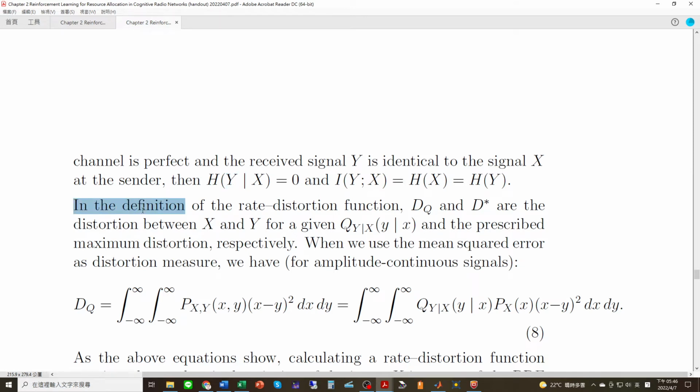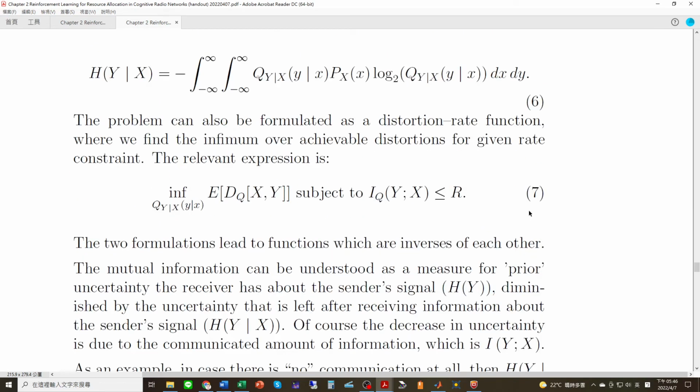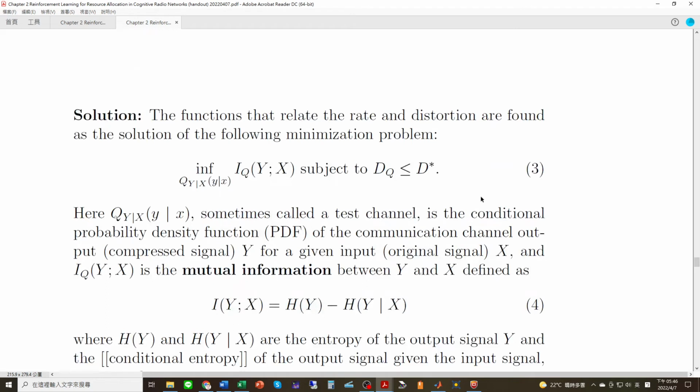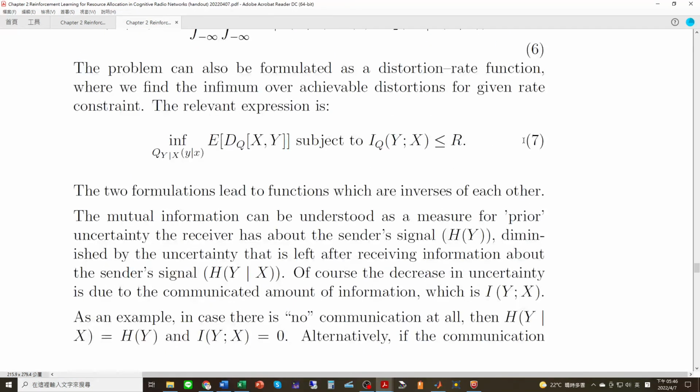In the definition of the rate distortion function, dq and d star, let us go back to see where dq and d star are. In equation 3, dq is here and d star is here. And in equation 7, dq is here.